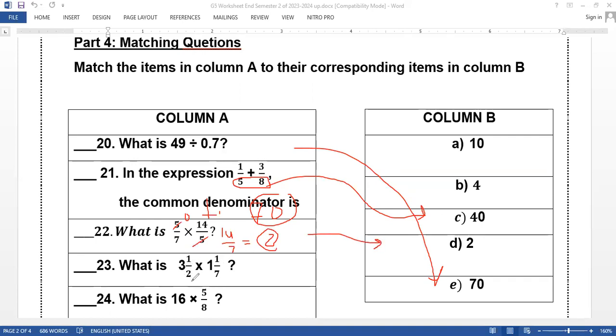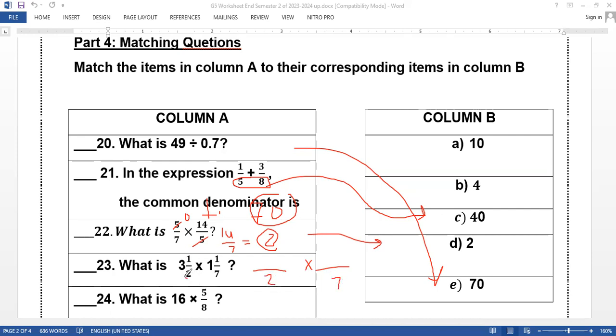What is 3 1 over 2 multiplied by 1 over 7? Here we multiply mixed numbers. The best way to multiply mixed numbers is to change them to improper fractions. How do I change a mixed number to an improper fraction? Like this. First I keep the denominator 2. I keep the denominator here 7.